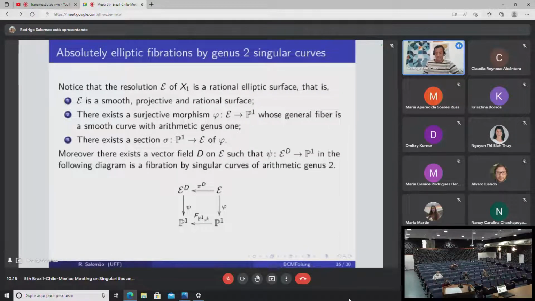Moreover, there exists a vector field D on the rational elliptic surface E, such that the fibration obtained by the quotient of the rational elliptic surface by the vector field is a fibration by singular curves of arithmetic genus 2. Okay?